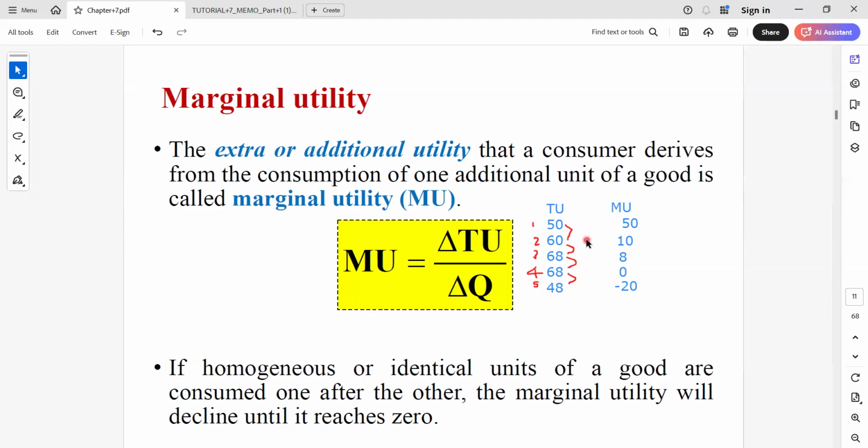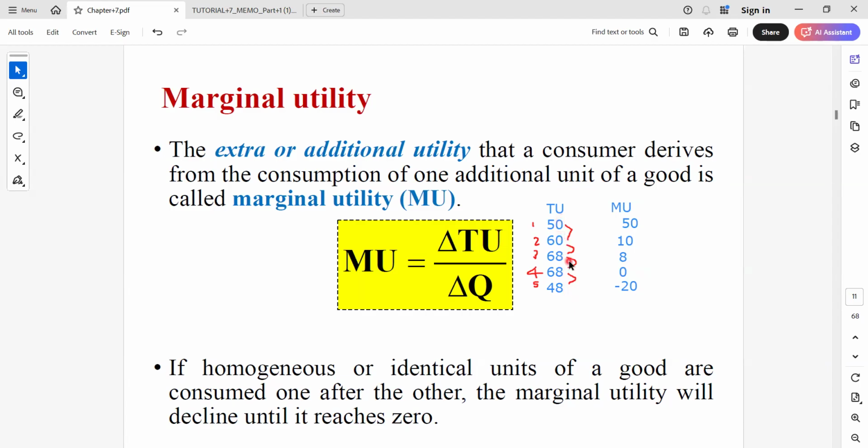I'm not sure if I'm confusing people, but let me try to explain why I am saying that. The extra satisfaction that you're getting from 50 to 60 is 10. From 60 to 68 it's 8. The extra satisfaction is decreasing while your total utility is increasing.